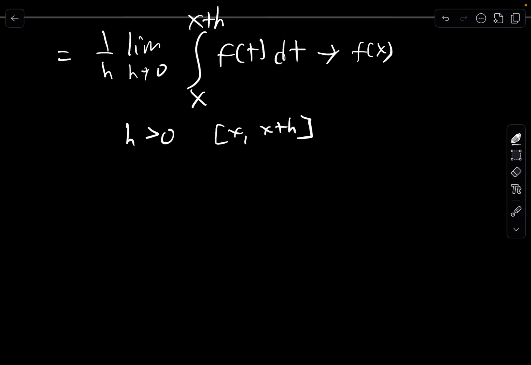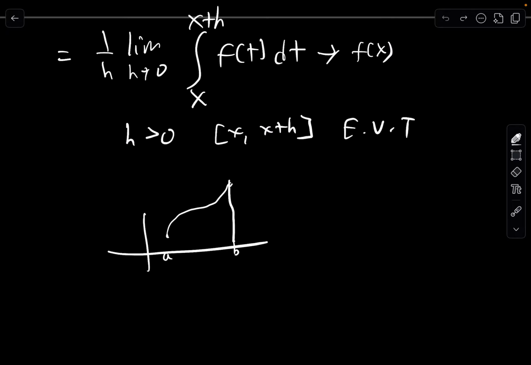And by the extreme value theorem, if you guys remember, on a closed and continuous interval there are extreme values, right? It must take on a maximum or a minimum. For example, let's just take a random function. On this interval a to b, it must take on a maximum or a minimum, right? This is the minimum, this is the maximum on AB.